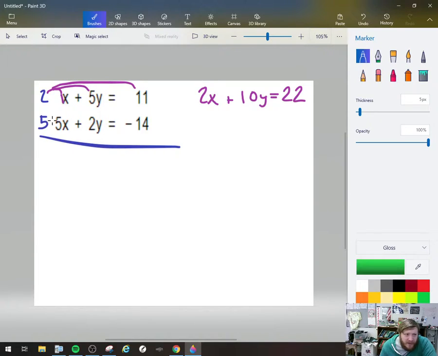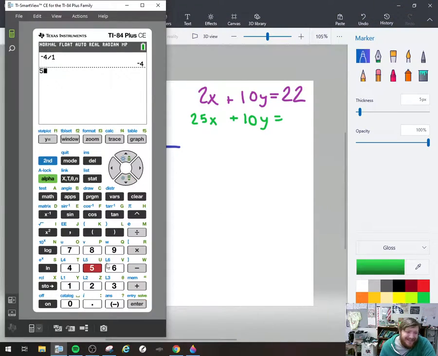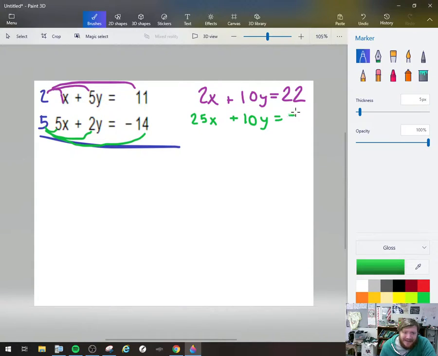And then on the bottom, I'm going to take 5 times each of these. 5 times 5 is 25. 5 times 2 is 10. And 5 times negative 14 is negative 70? Let's just double check. Negative 70.